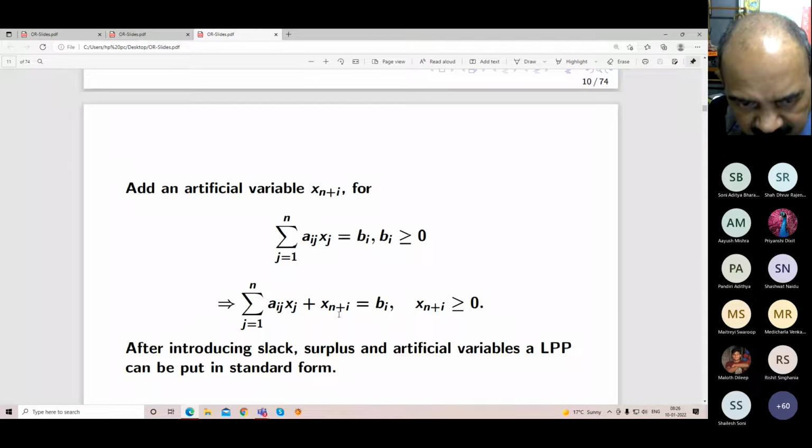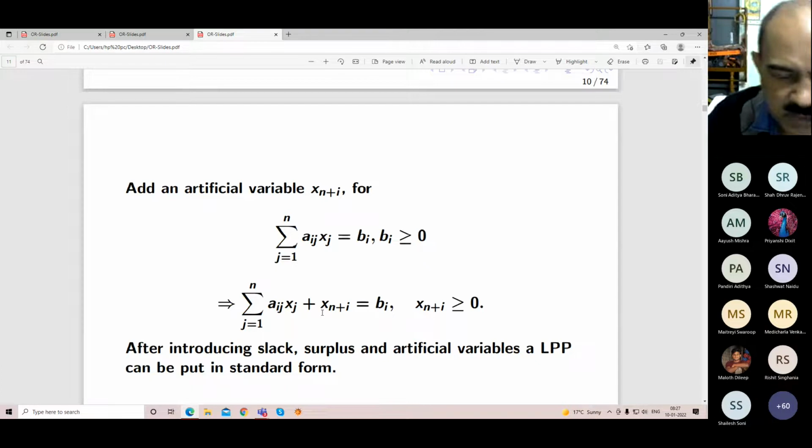These artificial variables, whatever you are adding artificially, its value has to be 0. So in our method, we have to drive out these artificial variables. If we cannot drive out these artificial variables, then we can say the problem is infeasible. We will discuss about that in detail.